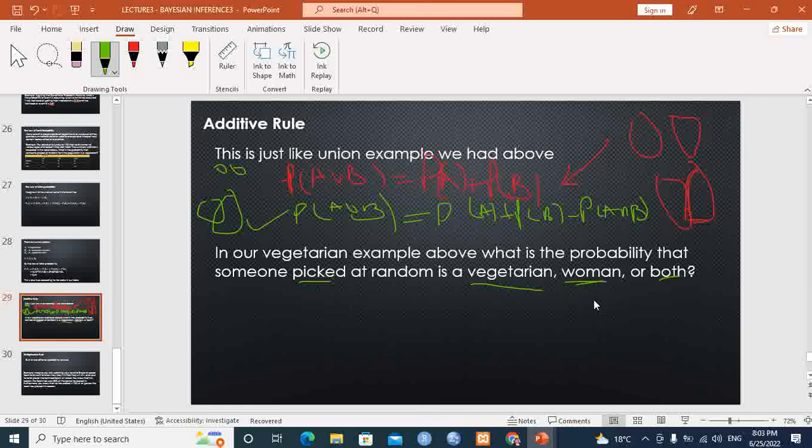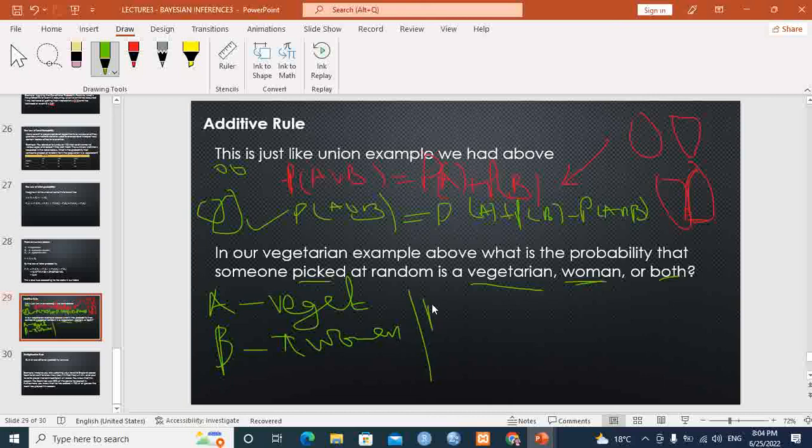So we are talking of the union of these events. Before I talk of probability, let's set the values. Let's say A is someone being vegetarian, and let's say B is someone being a woman, and of course then we have both.